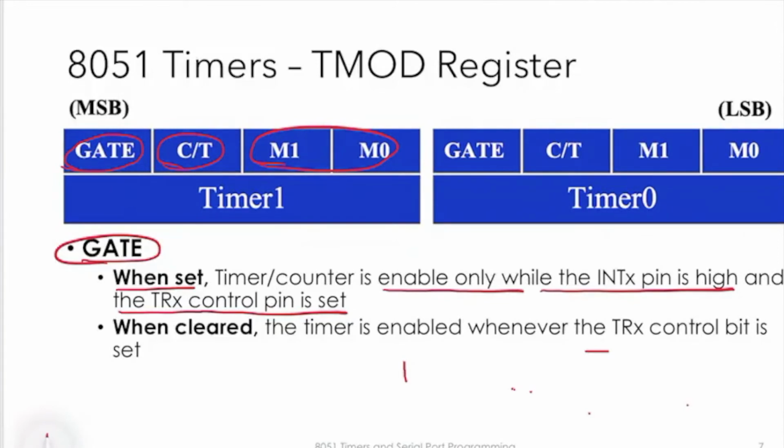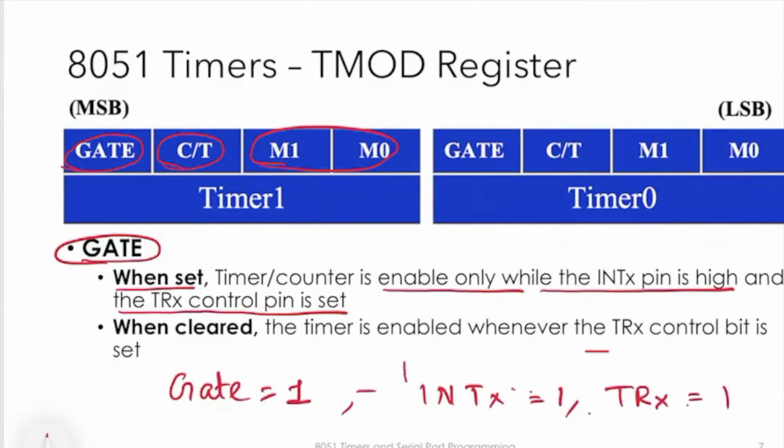Understand this line first. When gate is 1, this counter or timer will be enabled only if INTX is 1 and TR is 1. That means if gate is 1, INT0 or INT1, INTX, has to be 1, and TR0 or TR1, TR also has to be 1.